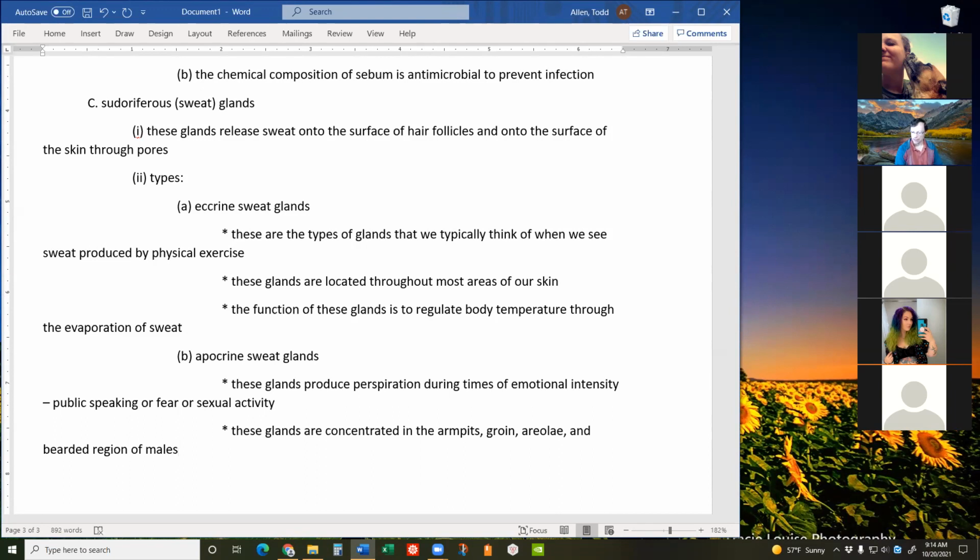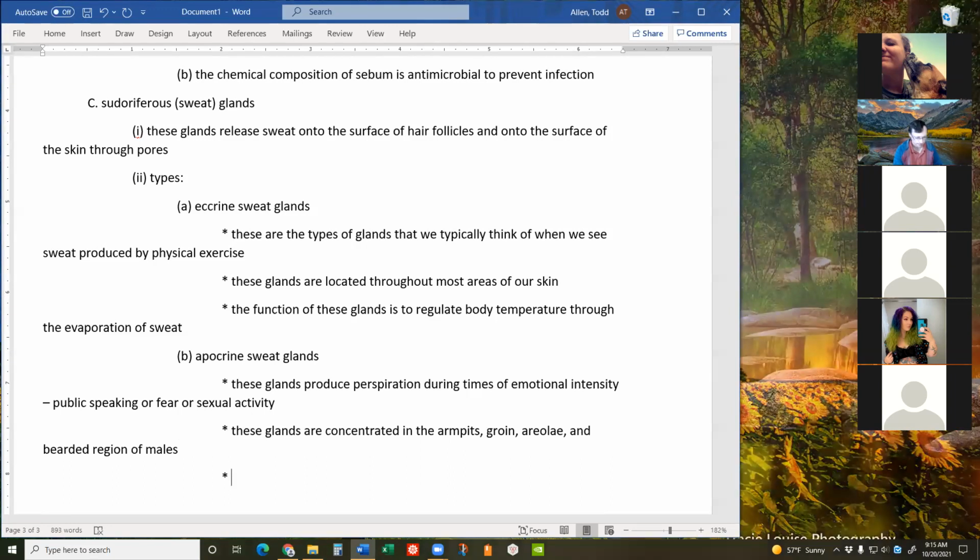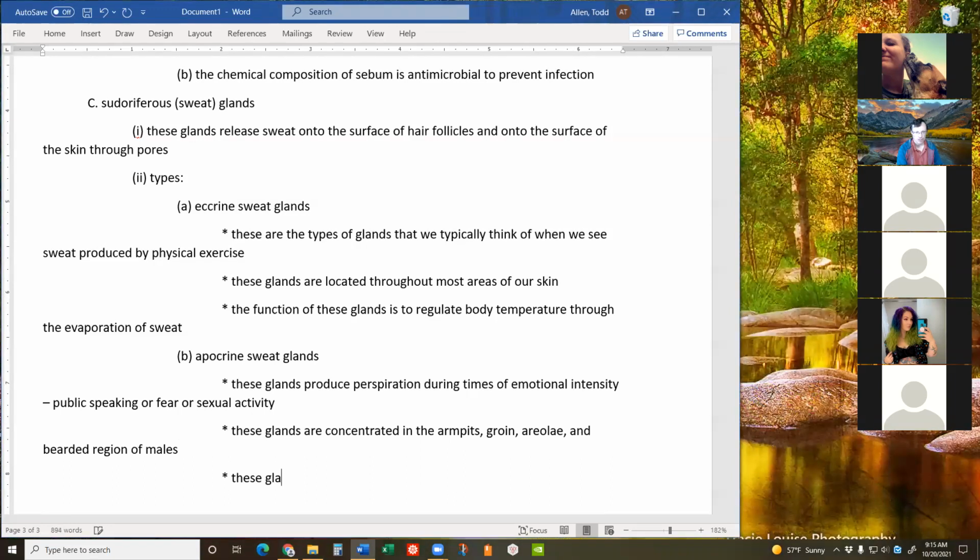As you might surmise, due to their function, particularly during sexual activity, apocrine sweat glands are not functional when you're born or during early childhood. They become metabolically active and start working at the onset of puberty.